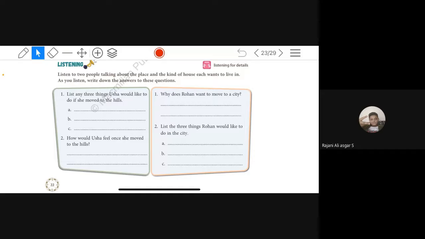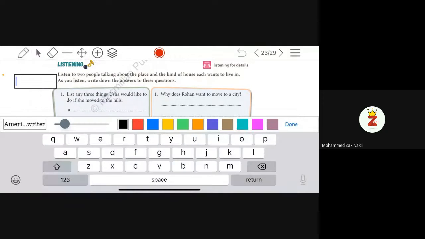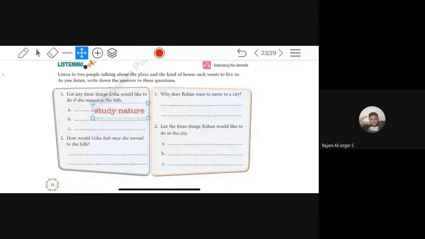Usha would like to have a farm and keep animals on her farm. She would like to grow fruits and vegetables, and she wants to learn about nature. Yes, study nature. First thing I'm writing, she wants to study nature.